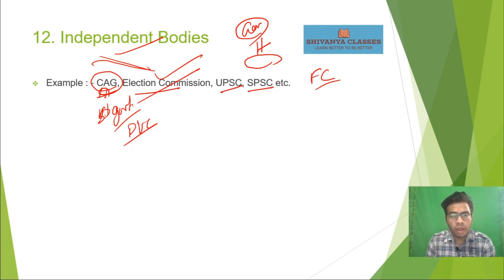The Election Commission might be biased towards the government, the party which is ruling. No, we have the Election Commission as independent. Similarly, UPSC, Union Public Service Commission. What does it do? It recruits candidates for the all India services like IAS, IPS, IFS. Okay. Similarly, State Public Service Commission. So these are our independent bodies.